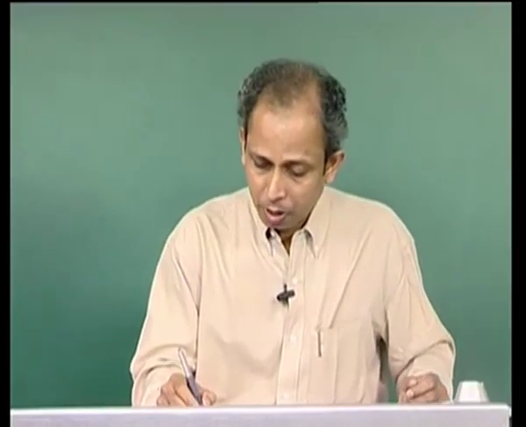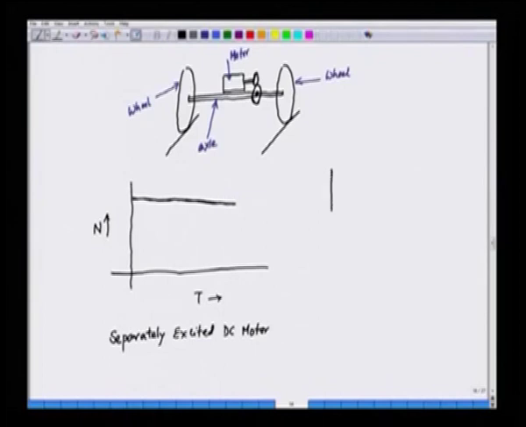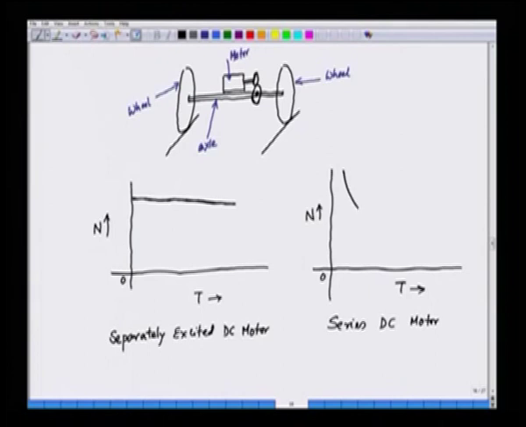So, if we plot the speed versus torque for a series DC motor, the origin here, and we have the speed in the y axis and torque in the x axis, and this is the nature of the torque speed characteristic.